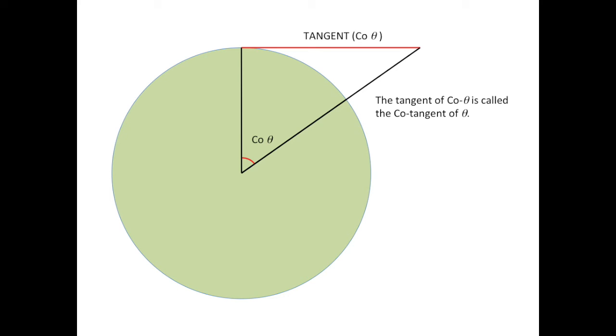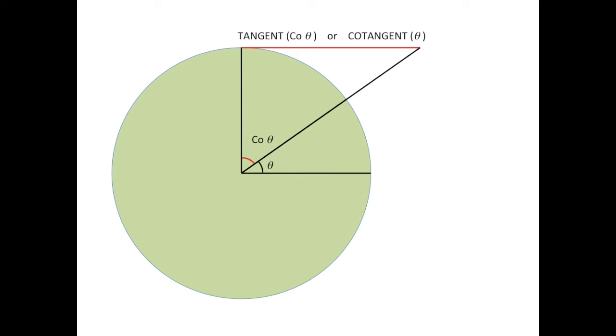And we call the tangent of cotheta the cotangent of theta. So the tangent of the complement of theta is the complementary tangent of theta. We can either call that line the tangent of cotheta, or we can call it the cotangent of theta. They mean exactly the same thing, but the standard is to call it the cotangent of theta.